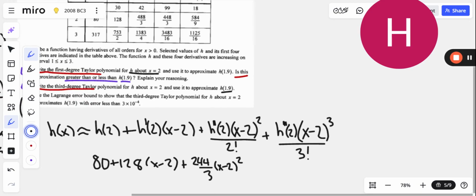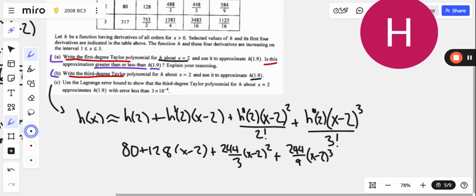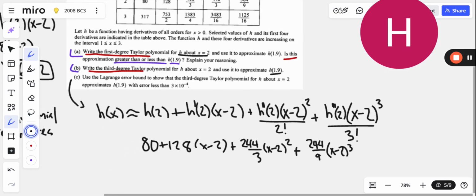And then we're going to have, again, 448 over 3, and 3 factorial is on the bottom here. So if I want to divide that carefully, I can divide it by 2 and get 244 over 9 times x minus 2 cubed. Okay, so this is our approximation.